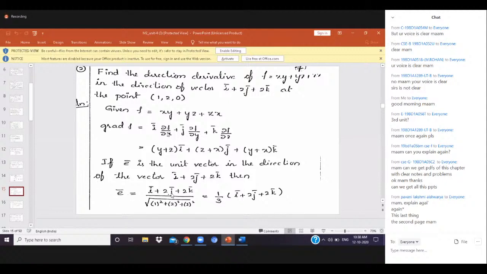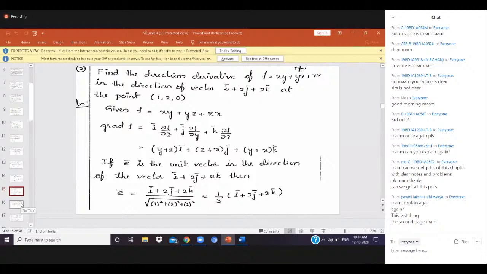So i bar plus 2j bar plus 2k bar by square root of 1 squared, the coefficient of i bar, plus 2 squared, the coefficient of j bar, plus 2 squared, the coefficient of k bar. After simplification, we get 1 by 3 into i bar plus 2j bar plus 2k bar.